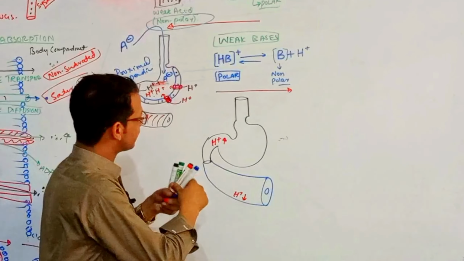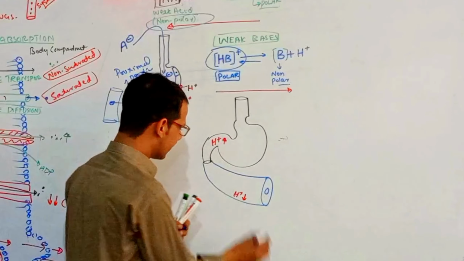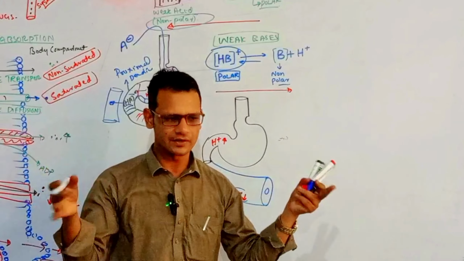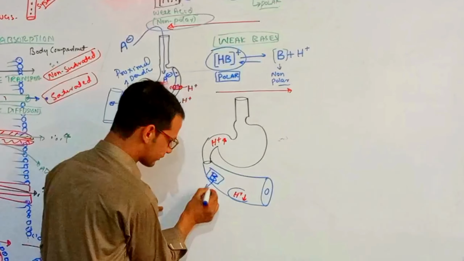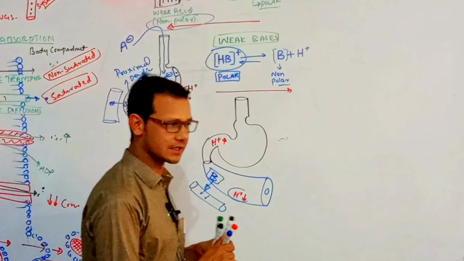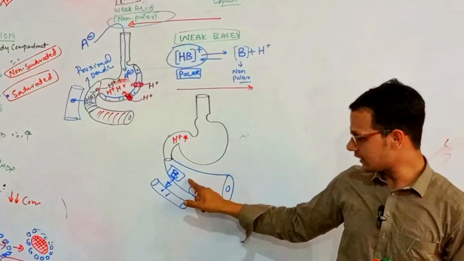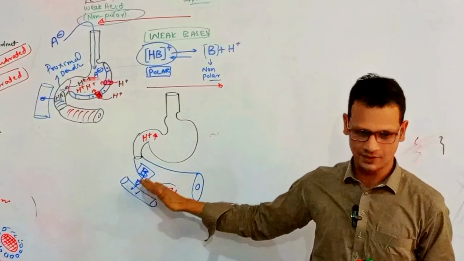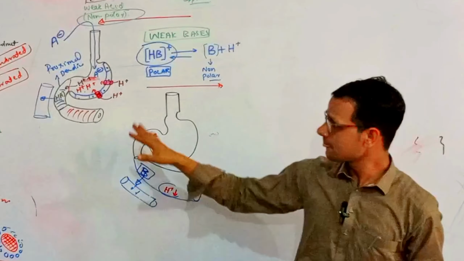So if we give the drug in this form, where there is no hydrogen ion, it will not react, so the weak base will be absorbed from here very easily into the blood. One other factor is the very high surface area, and this base will be absorbed rapidly from the distal duodenum and small intestine, right?